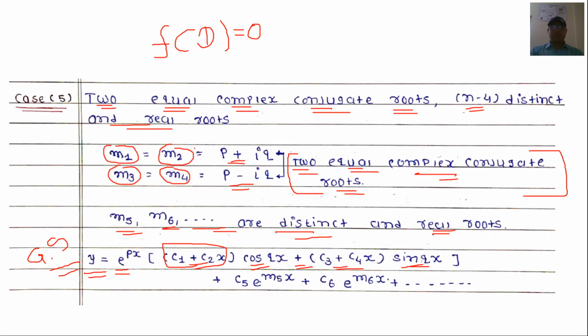Here I have used c1 plus c2x because there are two equal complex conjugate roots, and that's why we have used four arbitrary constants. So this first part is for the complex conjugate roots, and the last part is c5 e raised to m5x plus c6 e raised to m6x plus up to the nth roots. So this is the case number 5.